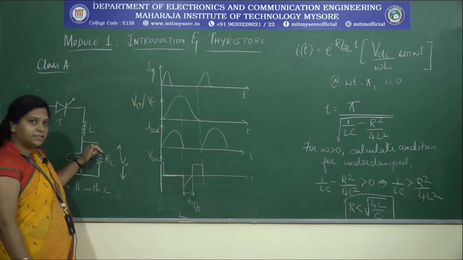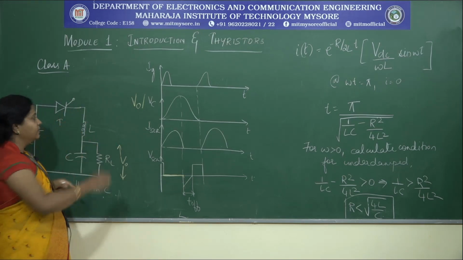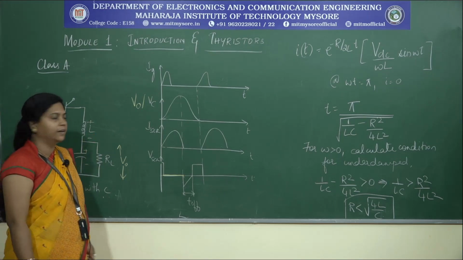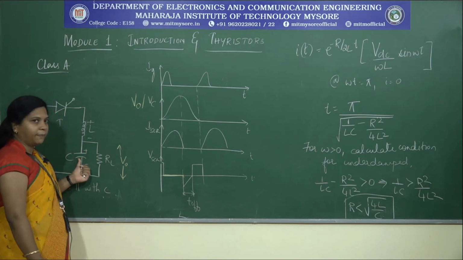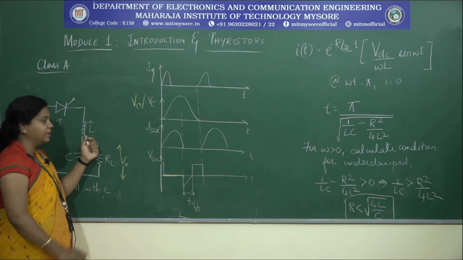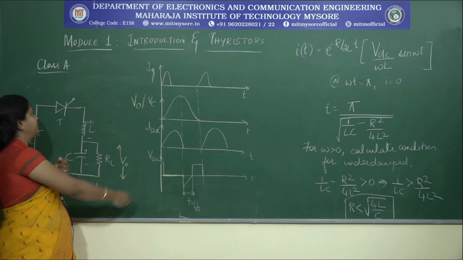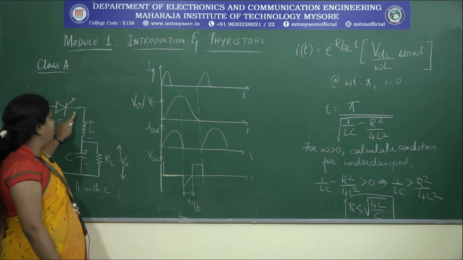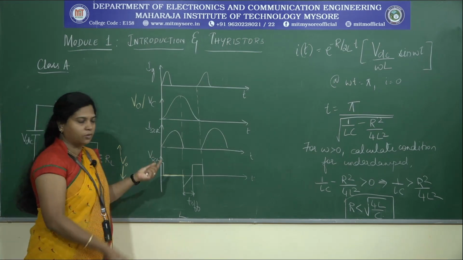By making use of this L and C, the charging will again take place. The charges accumulate on the plates of the capacitor and energy is stored in the inductor. Reversal of polarity takes place. Cathode potential is more than anode potential, so the thyristor automatically goes off.